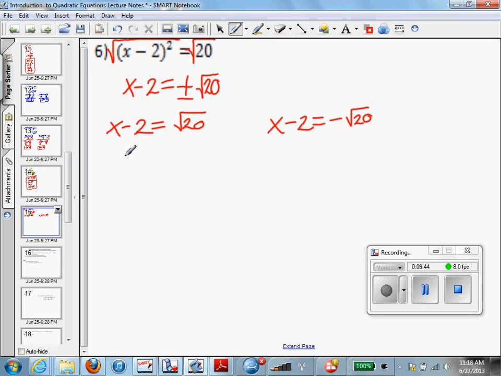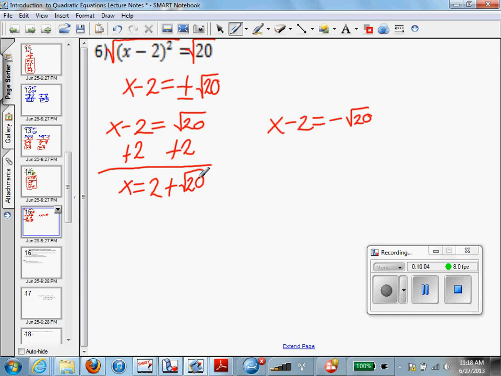Okay, now let's simplify on this first part by adding 2 to both sides of the problem. And when you do that, you're going to have x equals, I like to bring the 2 out in front, 2 plus square root of 20.